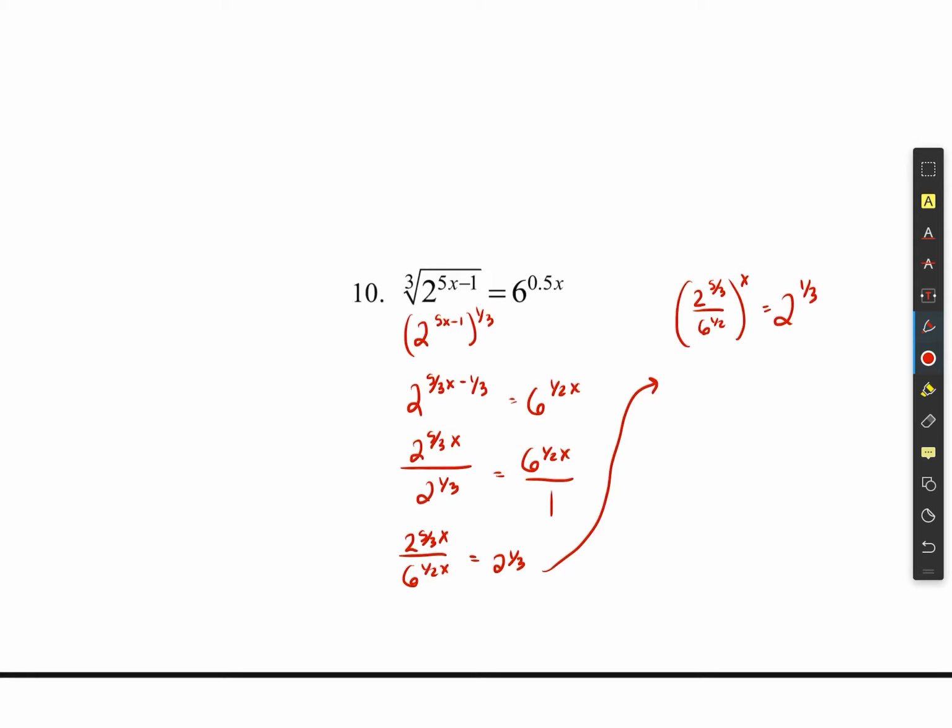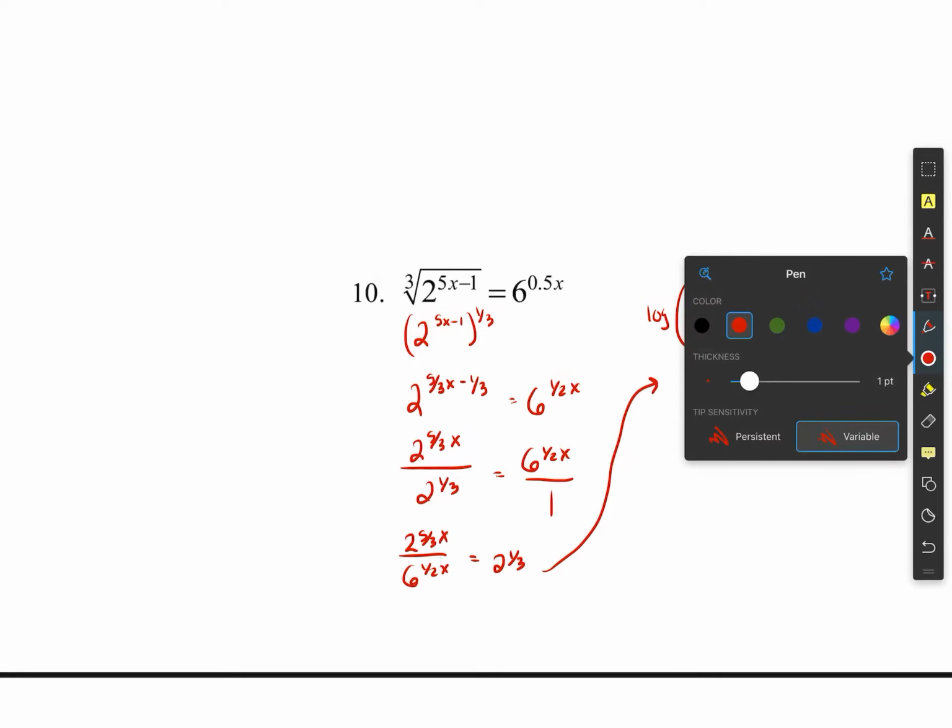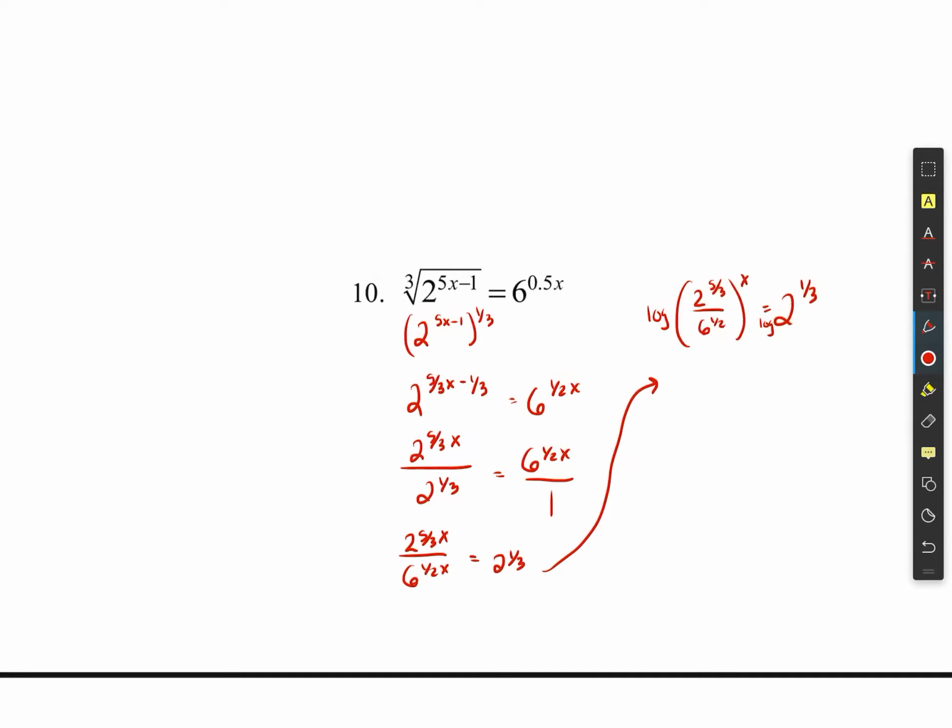So if we take a log and move our exponent in front, x equals log of 2 to the 1/3 divided by log of 2 to the 5/3 divided by 6 to the 1/2, and that gives us our final answer, 0.891. Alright, so the key thing there, I don't want people to get scared of the rad. Every rad is just an exponent.